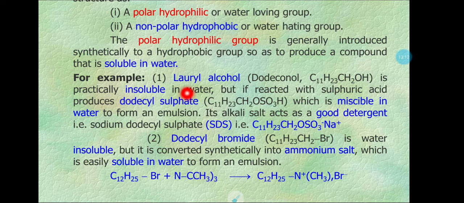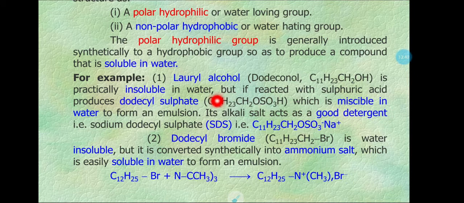But if we react sulfuric acid with dodecanol to produce dodecyl sulfate, with molecular formula C12H25OSO3H, it is miscible in water to form an emulsion. Its alkali salt acts as a good detergent.